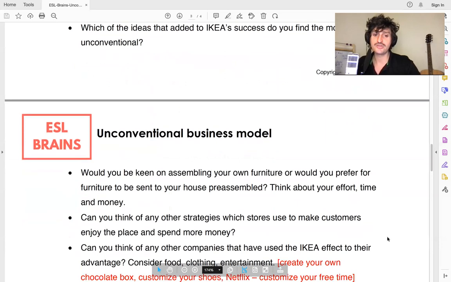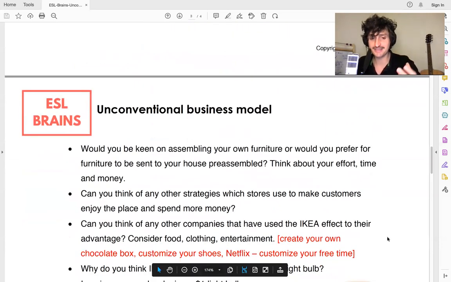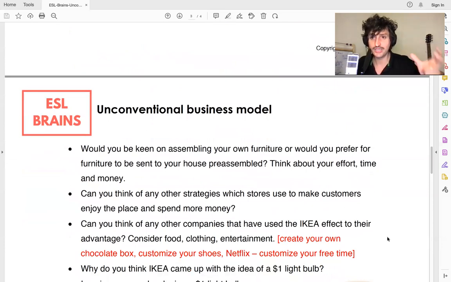Okay, also talk about strategy. So in the business classes, we want to talk about strategies. Okay, so what other strategies do stores use to make customers enjoy the place and spend more money? Because as a business, of course, we want to help people. The most important thing is helping people. But businesses also need to make money, and you need to make your customers spend more money.